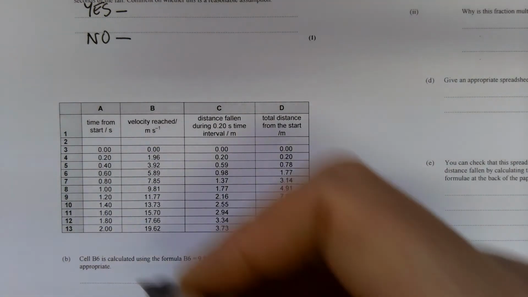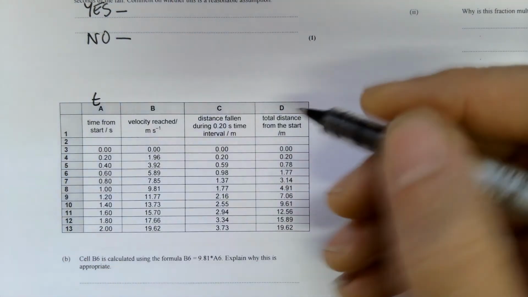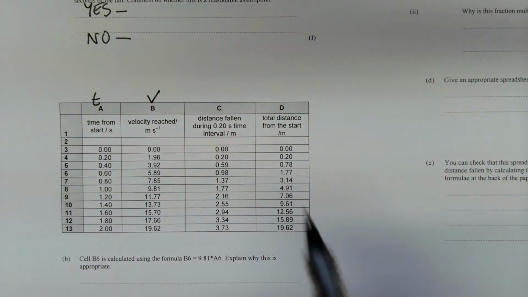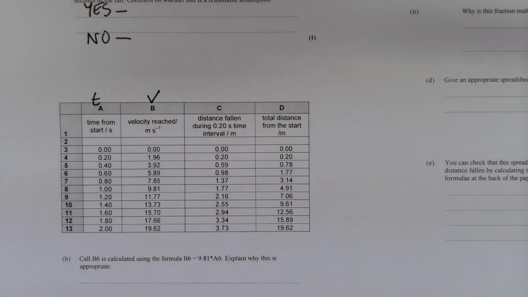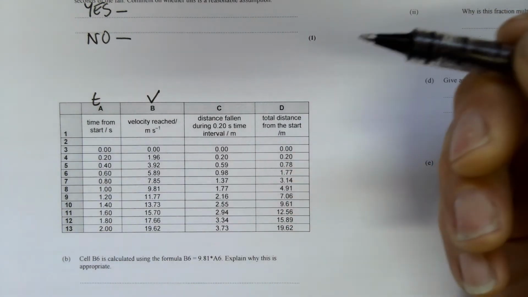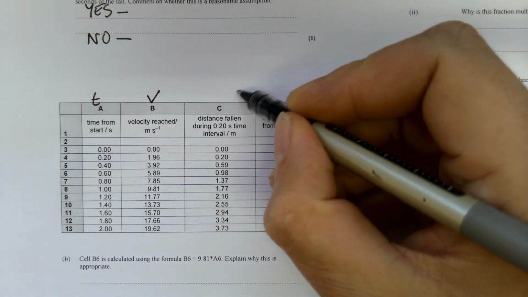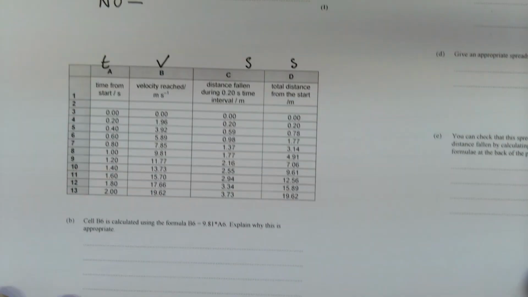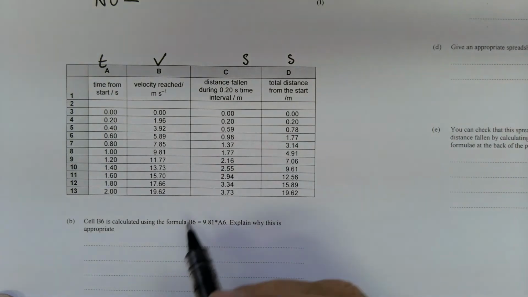So in this case, this would be our t, velocity reached, v, and distance fallen and total distance fallen. Sorry, I had a phone call. Distance fallen and total distance fallen can either be, both of those might be some kind of s depending on the context.